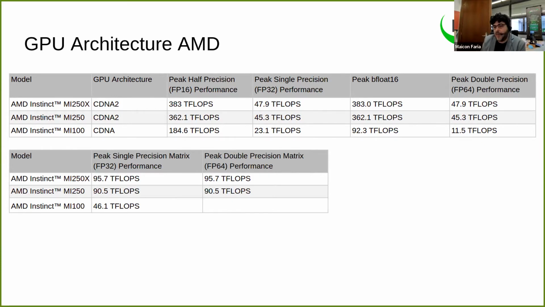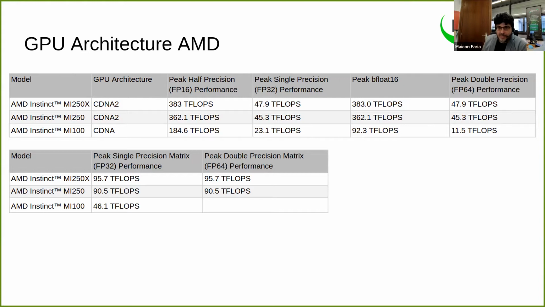I'm not able to weigh it by price, because we don't have all the information on how much it costs. There are some estimates, but nothing official right now. And in the case of the MI250 and 250X, you are looking at 2 dies, and in the A100, you don't have that condition. So we have to take that into account.